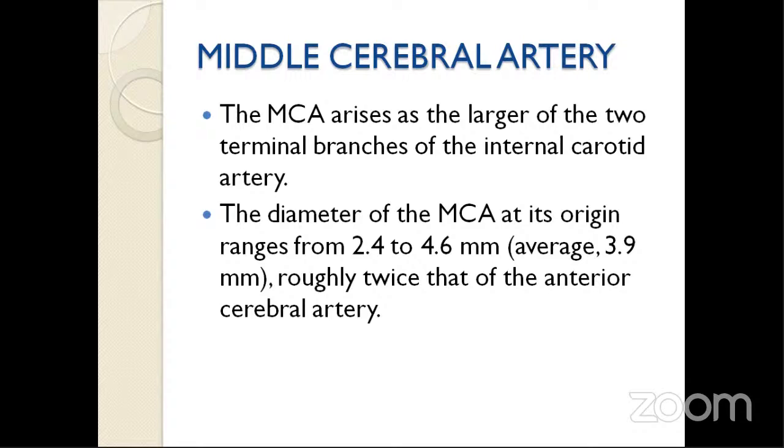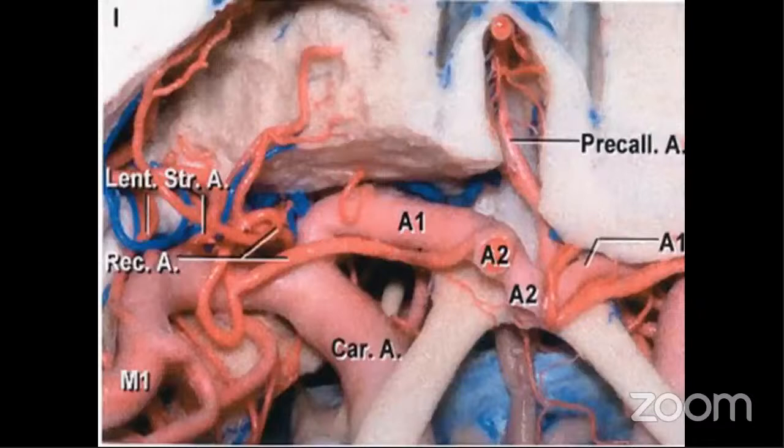That is roughly twice that of the anterior cerebral artery. This image shows the origin of the middle cerebral artery arising from the carotid artery. This is the internal carotid artery dividing into the anterior cerebral artery and the middle cerebral artery.